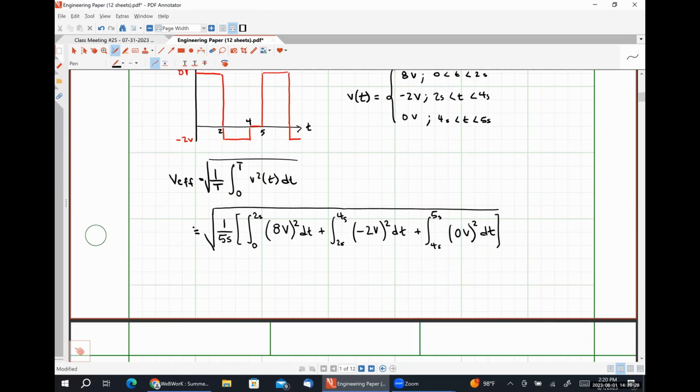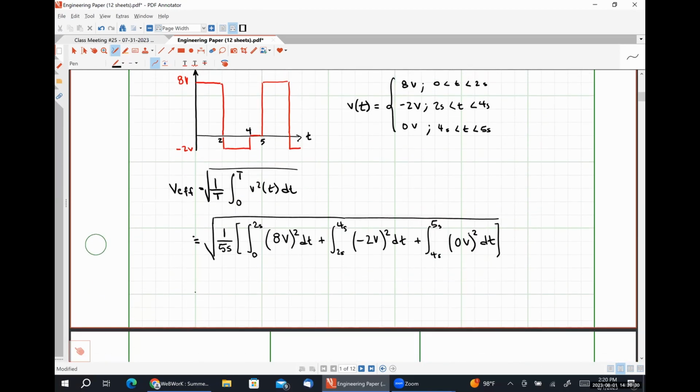All right, so from here, it's just simple math, right? So we're going to have 1 over 5 seconds. So what's the integral of 8 volts squared from 0 to 2 seconds? So the 8 volts is a constant.